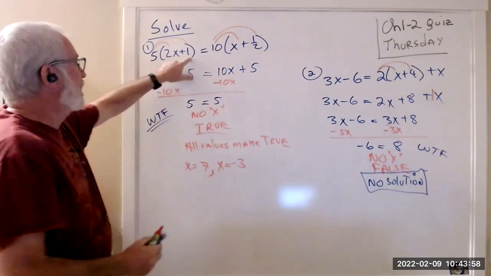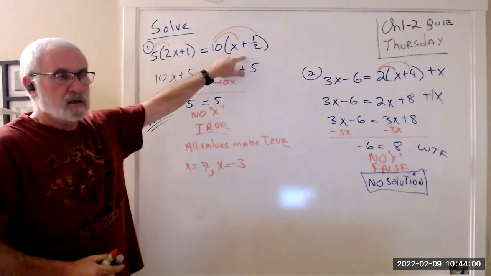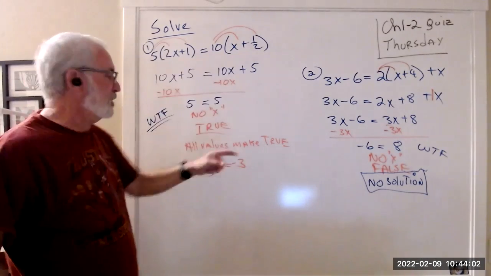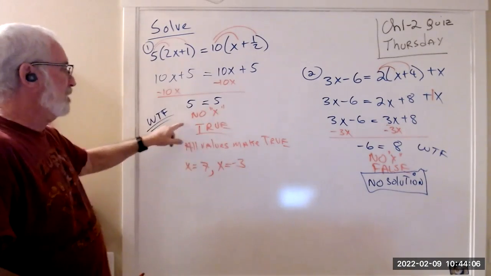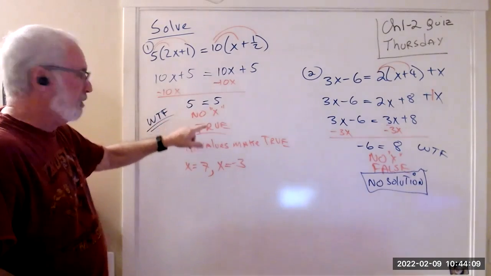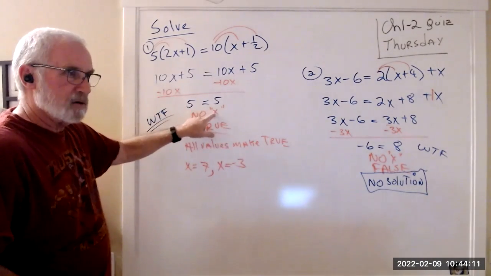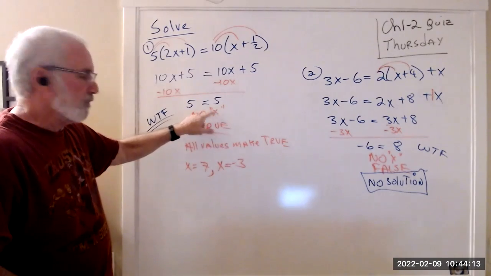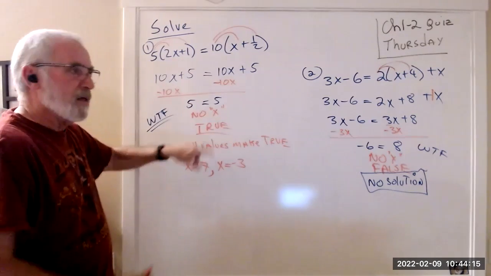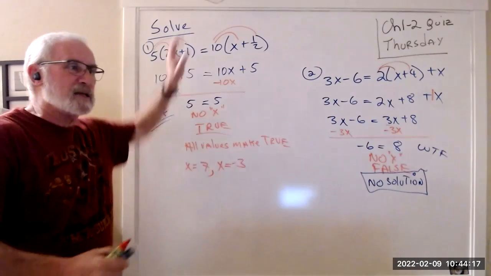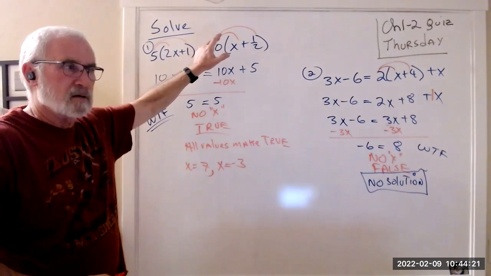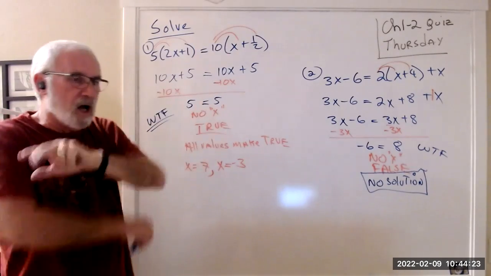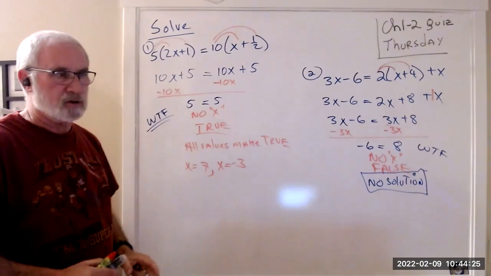And if they plug it in here, it'll check. Anything makes this problem true. Again, pay attention to the subtleties. The x's dropped out, but you ended up with a true statement. Okay, 5 equals 5. So that's true. That means everything makes this problem true. Everything. Not just one answer, a gazillion answers.